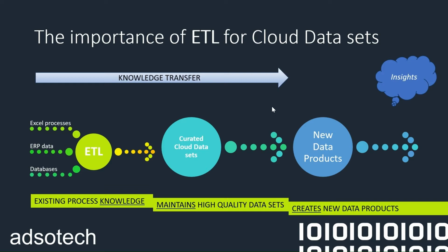The purpose of ETL is to transfer process knowledge from these systems into the curated cloud datasets, which then in themselves create new data products where business can derive new insights. The importance of ETL comes from the fact that the knowledge is on the left side of the picture.